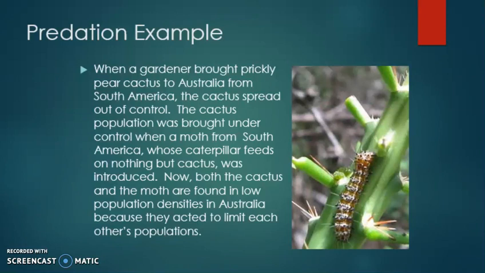So now both the cactus and the moth are found in low population densities in Australia because they acted to limit each other's population. So predator and prey act to limit each other's population, but it's not just the predator reducing the prey. They have a relationship and they are connected in both directions, okay?